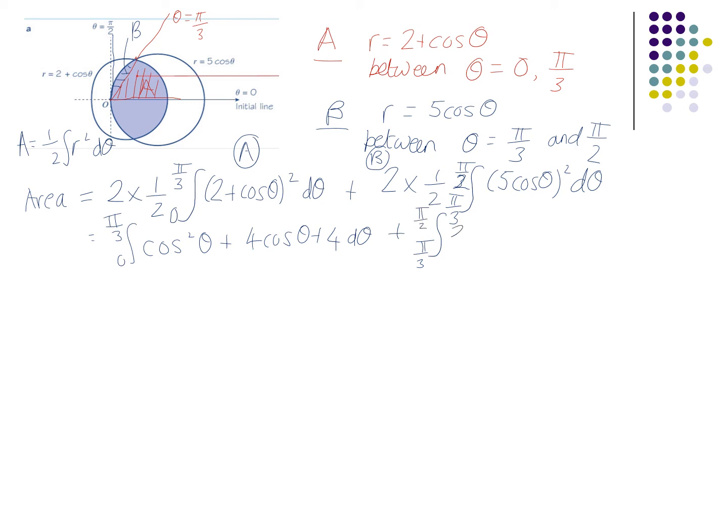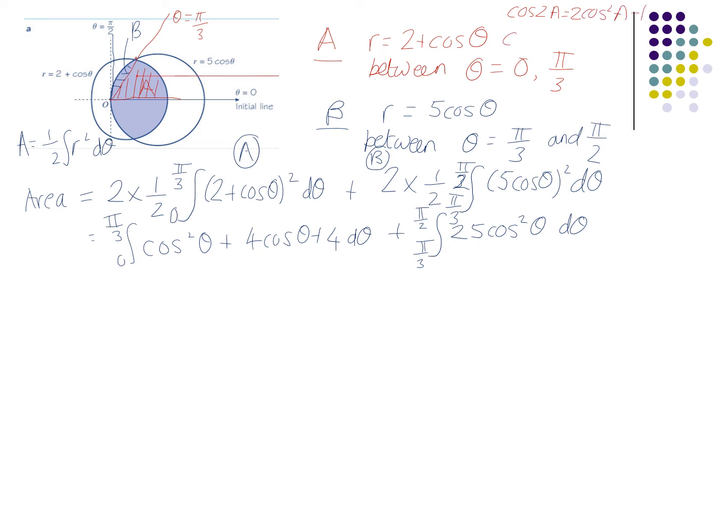And that one I've got 25 cos squared theta. So here's where I use my double angle formulae. I haven't got a lot of room here, so I'm going to pop it up here. Remember my double angle formula, cos 2a equals 2 cos squared a minus 1.